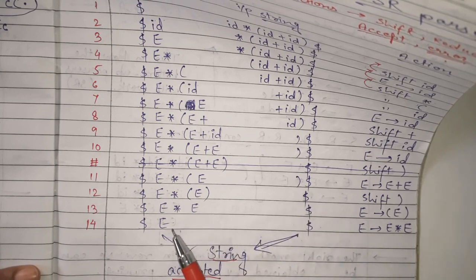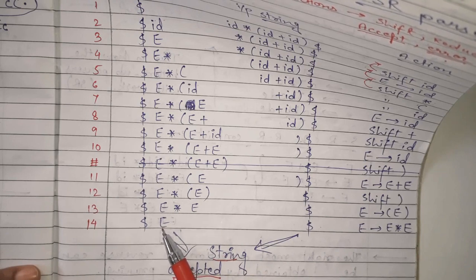Fine. So at the end I am getting only the starting symbol in the stack and only the dollar in the input string. If I am getting this criteria at the end, I can simply say that yes, the string that I was given is successfully accepted by the given grammar.